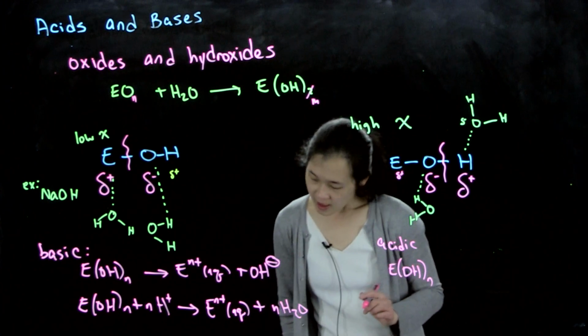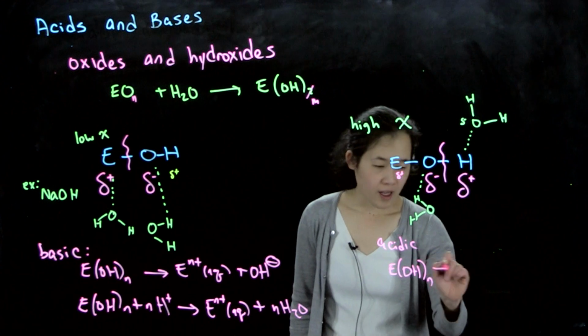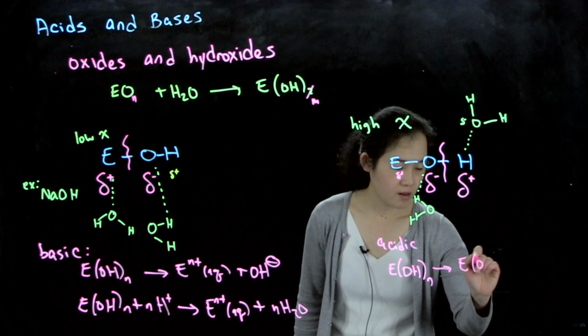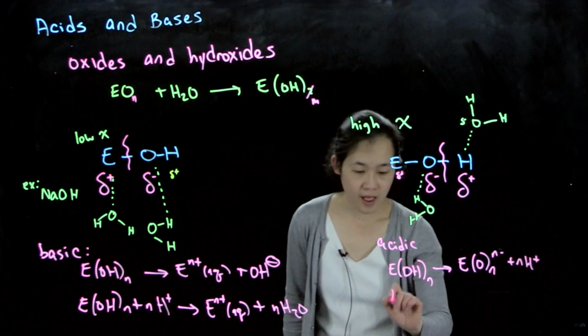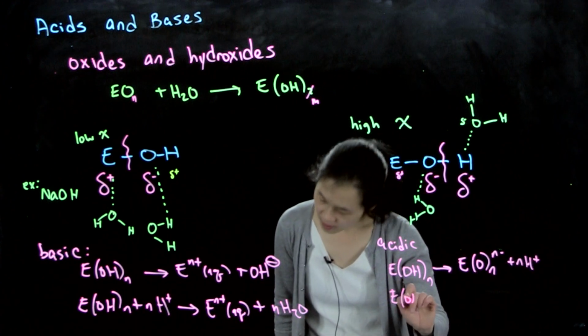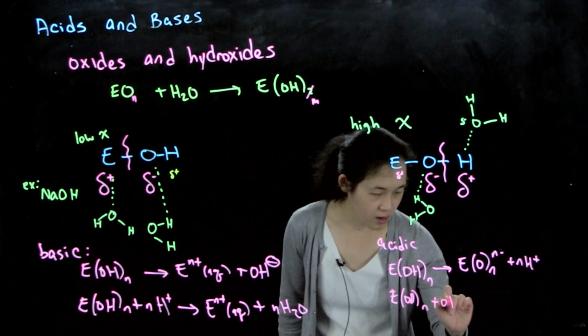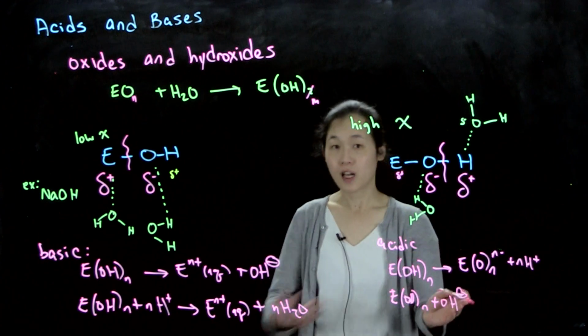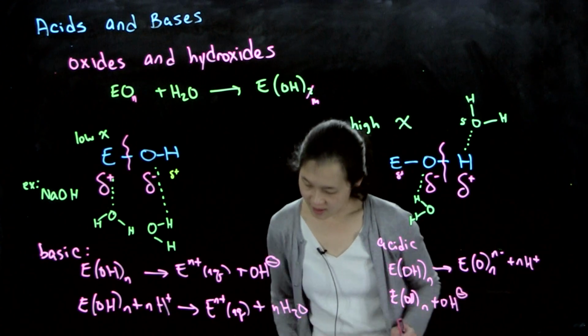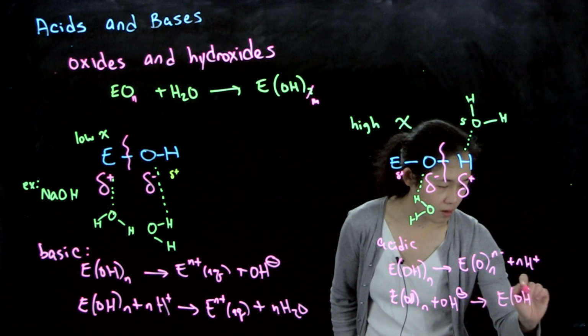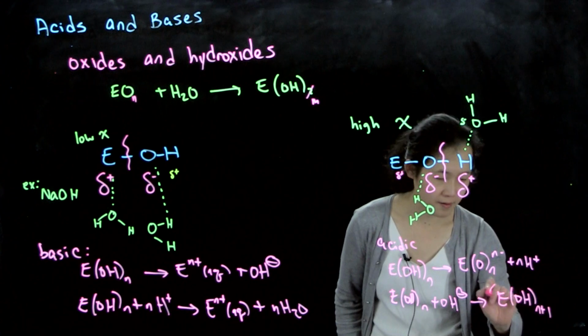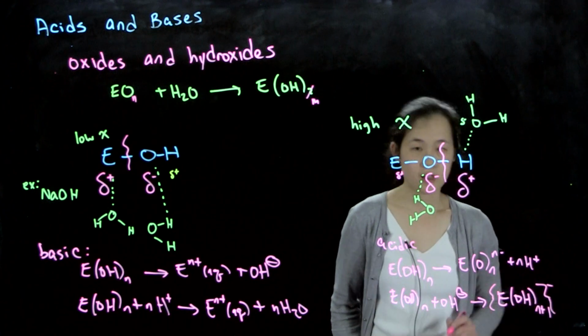In this case, it could either lose a proton, or it could react with a base, right? If it reacts with hydroxide, that's removing hydroxide from solution, so it's acting as an acid. And then you could have something like N+1, and overall this will be minus charged.